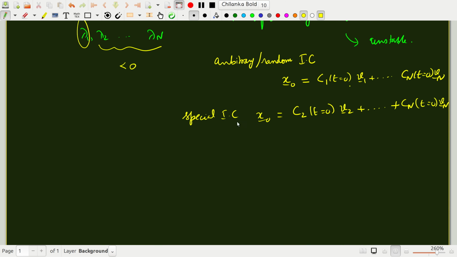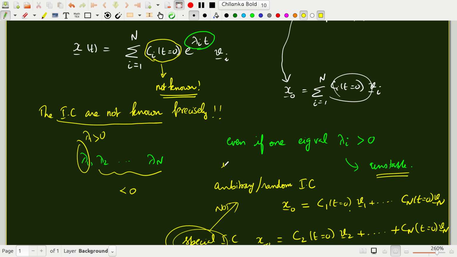But the point is, this is a special initial condition, not an arbitrary one. What we are interested in is stability or instability with respect to arbitrary or random initial conditions. Therefore, even if one of the eigenvalues is positive and all the others are negative, we should consider the system to be unstable. Only if all eigenvalues are such that lambda is less than 0 can you consider it to be stable.